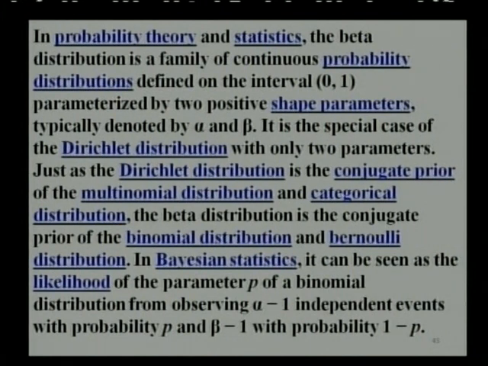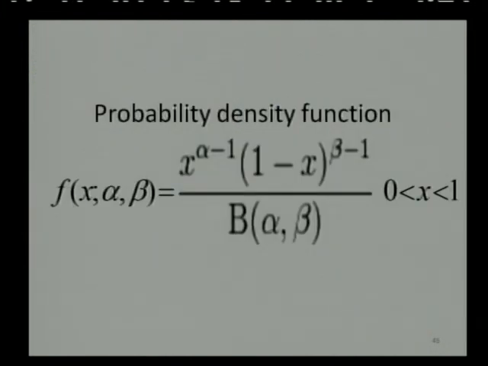It is a special case of the Dirichlet distribution with only two parameters, and just as the Dirichlet distribution is the conjugate prior of the multinomial and categorical distributions, the beta distribution is the conjugate prior of the binomial and Bernoulli distributions. In Bayesian statistics, it can be seen as the likelihood of the parameter p of a binomial distribution from observing alpha minus 1 independent events with probability p and beta minus 1 with probability 1 minus p.